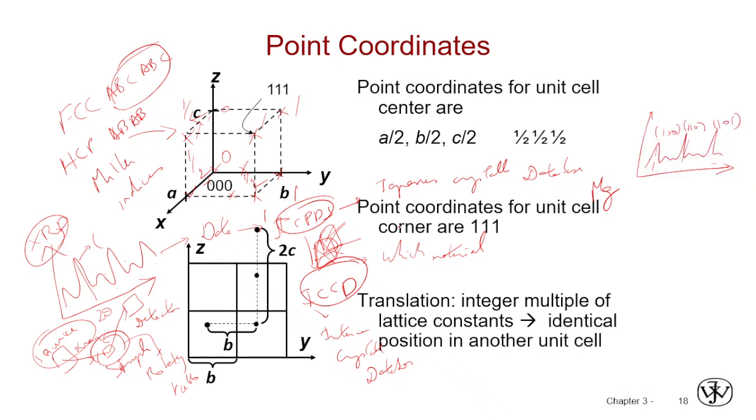So the primary use of Miller indices is for material detection, and this is usually the procedure through which we find what material it actually is from some random powder or some random crystal. Do you get my point?